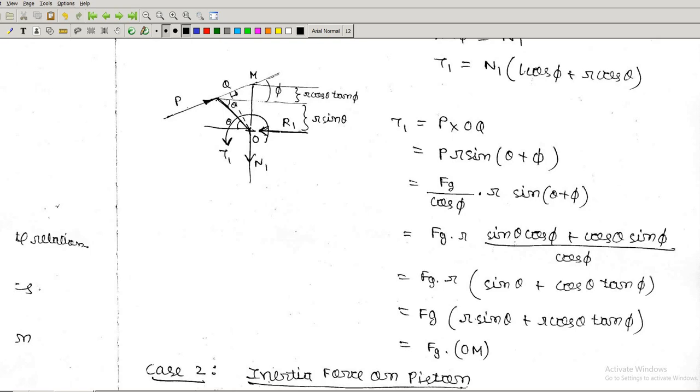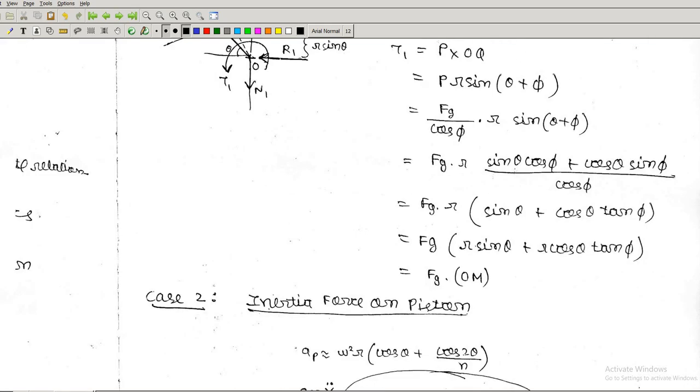So r cos theta tan phi, r cos theta is this much, tan phi, this is phi. So r cos theta tan phi is this much, and r sin theta is this much. So r sin theta plus r cos theta tan phi is this much, because this angle is phi. So this plus this is OM. So Fg into OM.